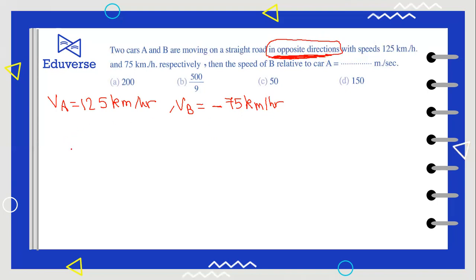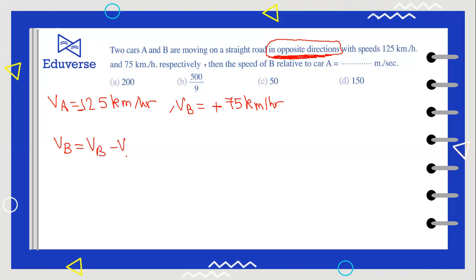Then the velocity of B with respect to A. He said velocity of B with respect to A. Here I want the velocity of B with respect to A, then I will put the negative sign at A, because I want the relative velocity of B with respect to A. If I want the relative velocity of A with respect to B, I will put the negative sign at B, okay?